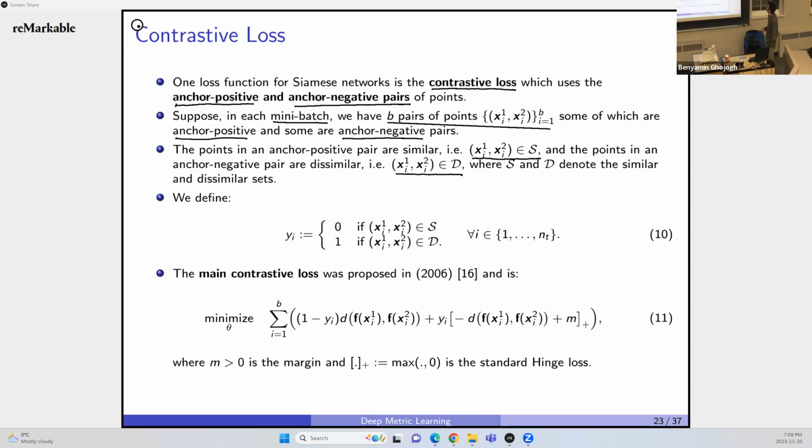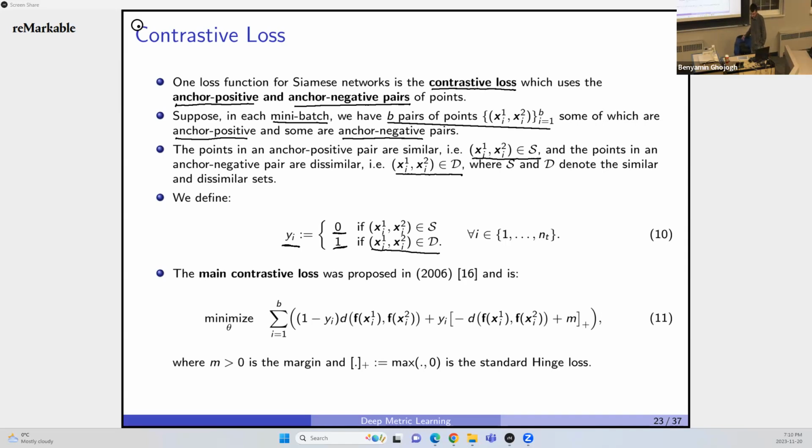So I denote similar by S and dissimilar by D. These are sets. Now we define y_i, which is a scalar. If the pair is anchor-positive, then y_i is 0. If they are anchor-negative, or dissimilar, then y_i is 1. Here i goes from 1 to B, or N_T. You can see it as the number of triplets or pairs, it doesn't matter.